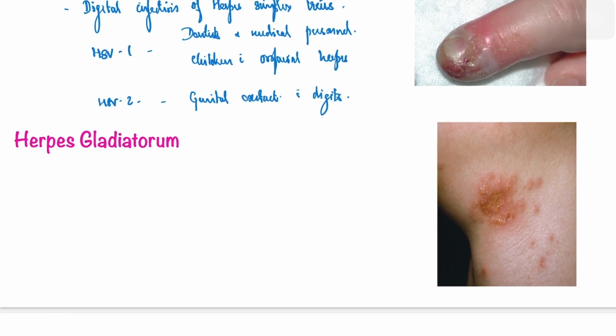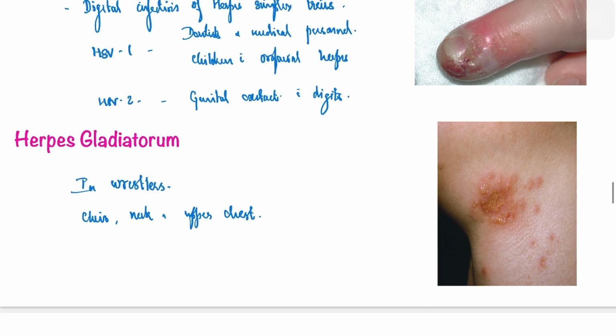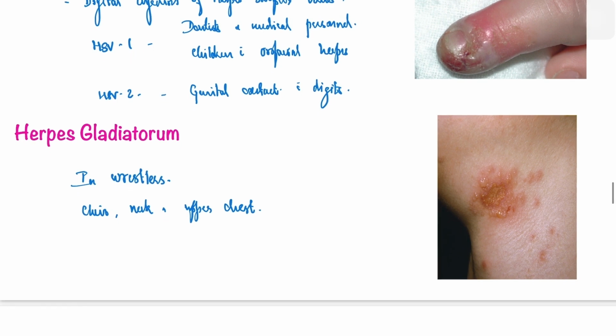Next is herpes gladiatorum, which is herpes occurring in wrestlers. It occurs mostly over the chin, neck, and upper chest, which are the sites more prone to trauma during wrestling.